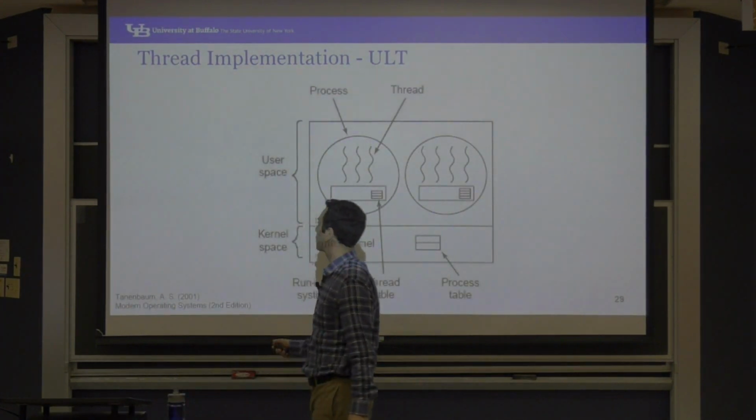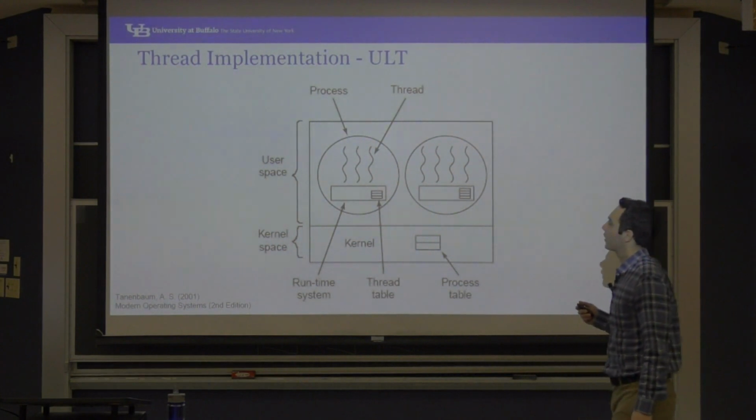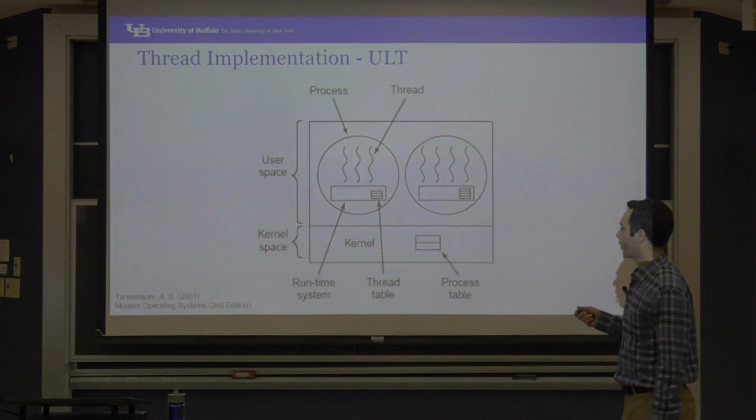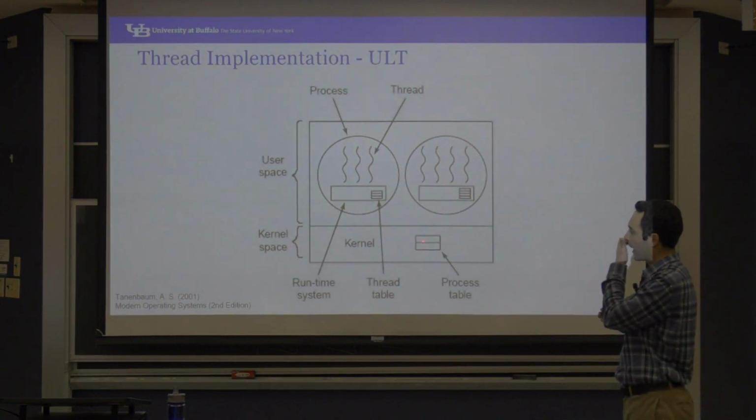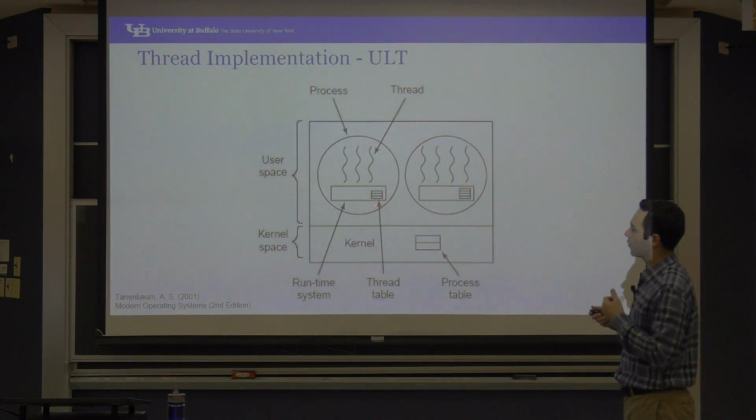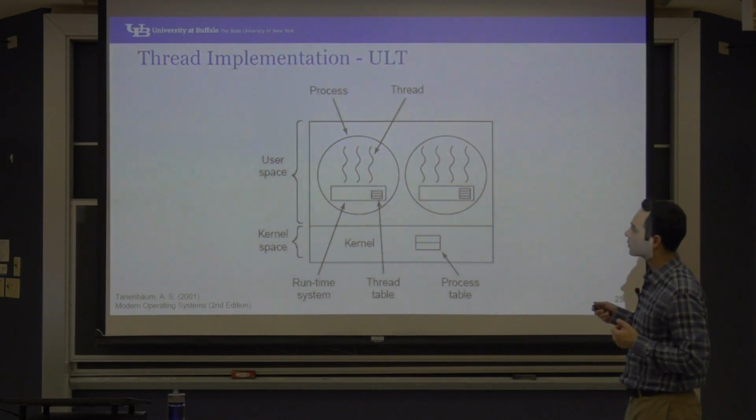So this is the implementation of the user level thread. The kernel keeps it simple. It only keeps the process table, and each process keeps its own thread table and has its own runtime system that then decides which thread to run.